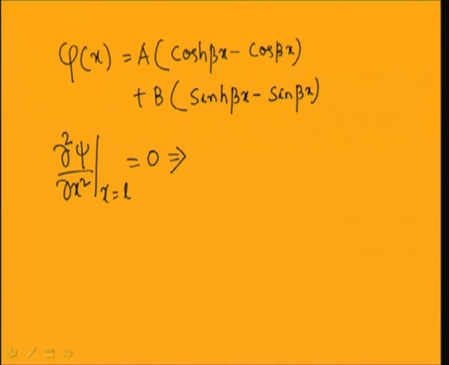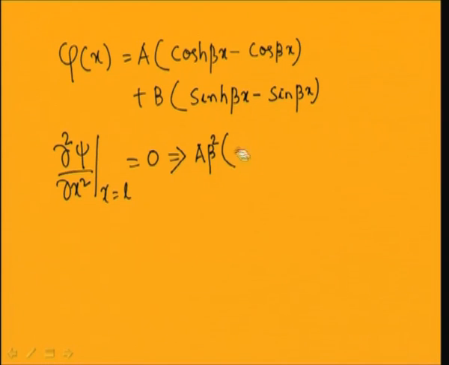So I have to differentiate this twice, and then I will have a beta square term, which I can take common. Differentiating cos hyperbolic beta x twice, it remains cos hyperbolic beta x. For cos beta x, differentiating once gives minus sin, and the minus minus becomes plus, then differentiating again gives plus cos beta x.